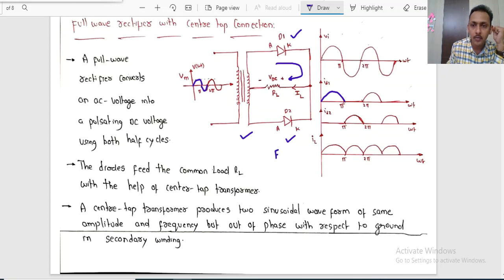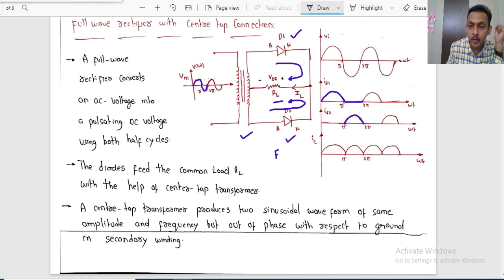During the negative half cycle, diode D2 is going to conduct and current flows to the load resistor RL. So during pi to 2 pi, diode D1 is in the off state, no current flows through it, while diode D2 is in conduction mode and the current flows through it.